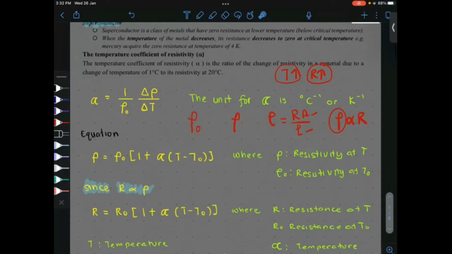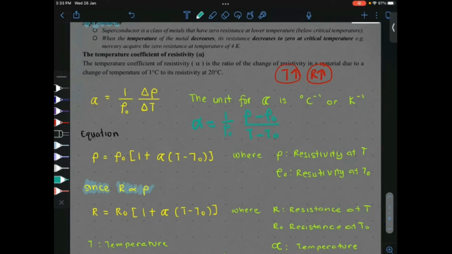So if I were to rearrange this equation, saya akan dapat equation yang ini. Okay, macam mana kita rearrange adalah kita kembangkan semua benda dekat sini, iaitu such as alpha is equals to 1 over rho naught. Delta rho adalah rho at new temperature minus rho at reference temperature kita, bahagi dengan T naught.